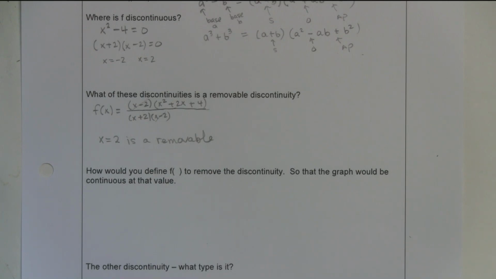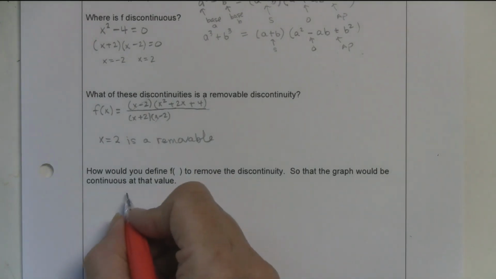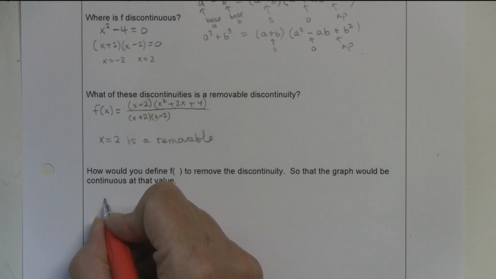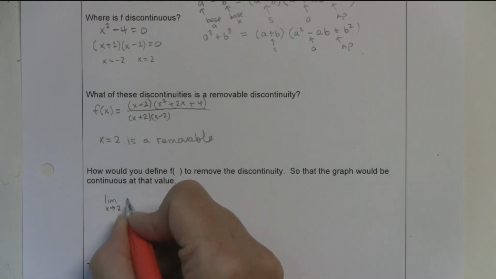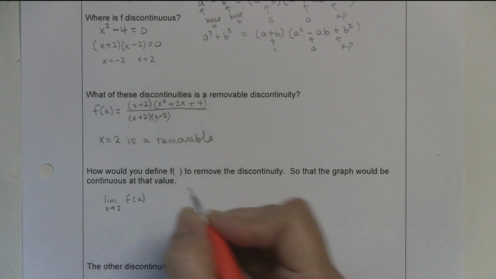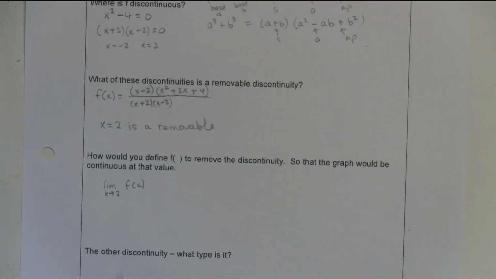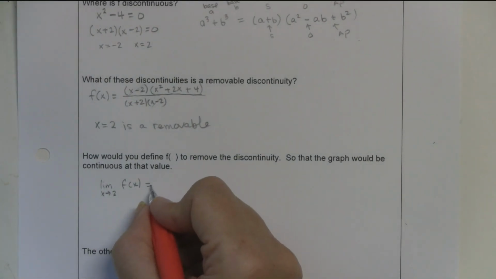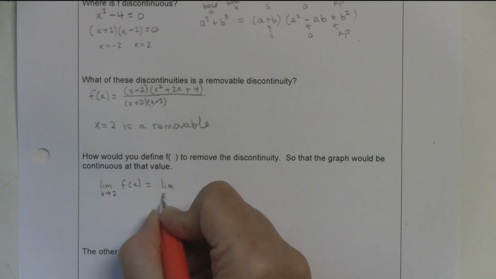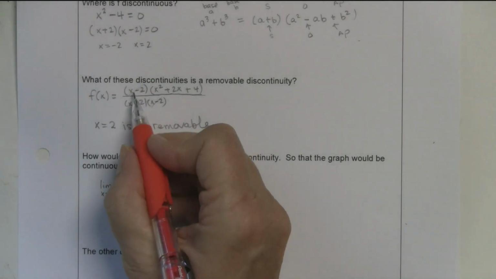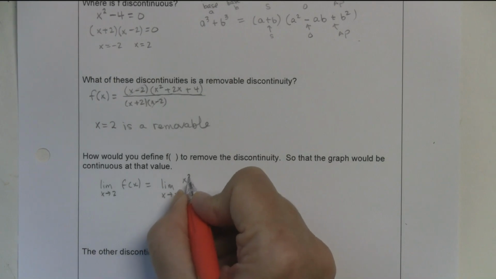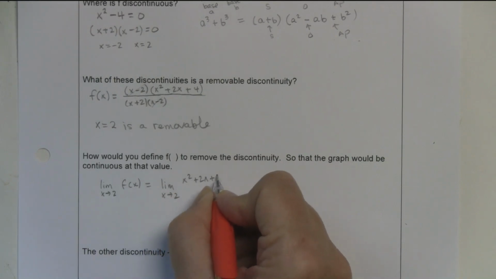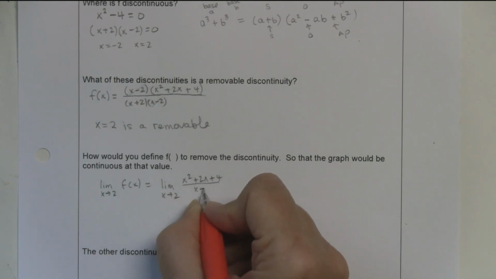And then they ask me, how would you redefine f of 2, because that's where it was removable, so that the graph would be continuous at that value. You would redefine that by finding the limit as x goes to 2 of your function, which I'm calling f, and I hope it is f. It is. And so this is the limit when I reduced it, x squared plus 2x plus 4 over x plus 2.